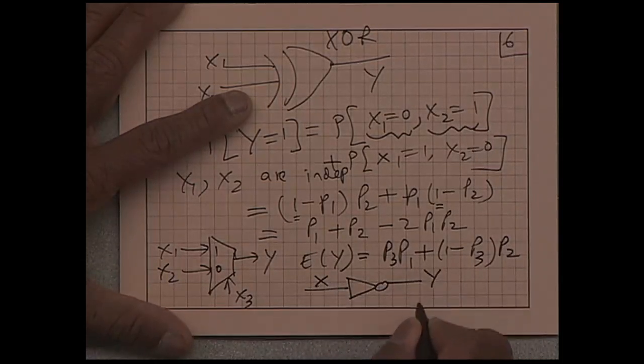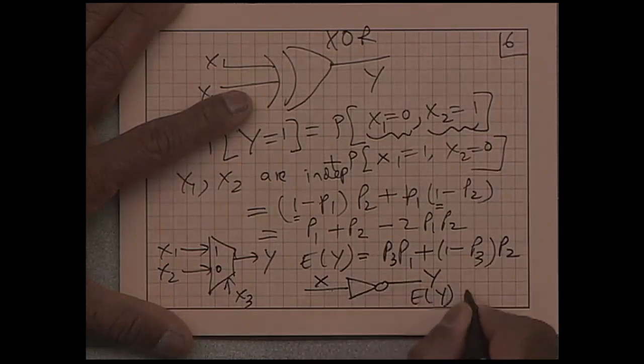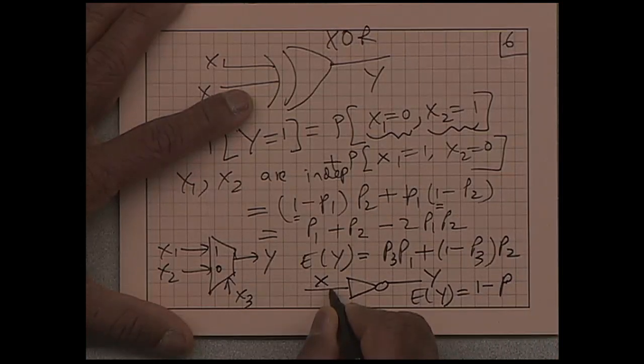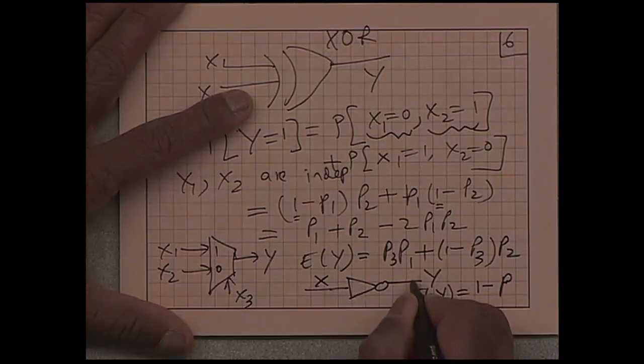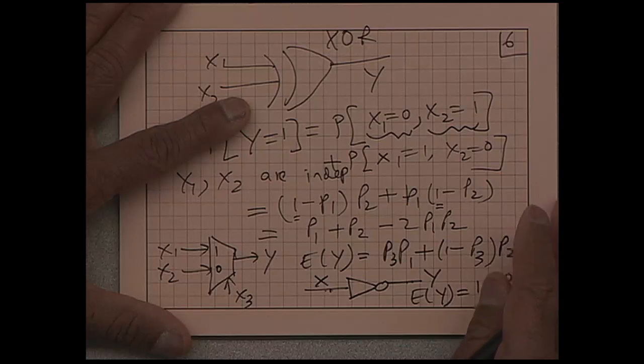And finally, if I have an inverter and if I have input x and this is y, then expected value of y, so if this is 0, this is 1. If this is 1, this is 0, is going to be 1 minus p. So if this is 0, y is 1. If this is 1, this is going to be 0. If expected value of x is p, expected value of y is 1 minus p.